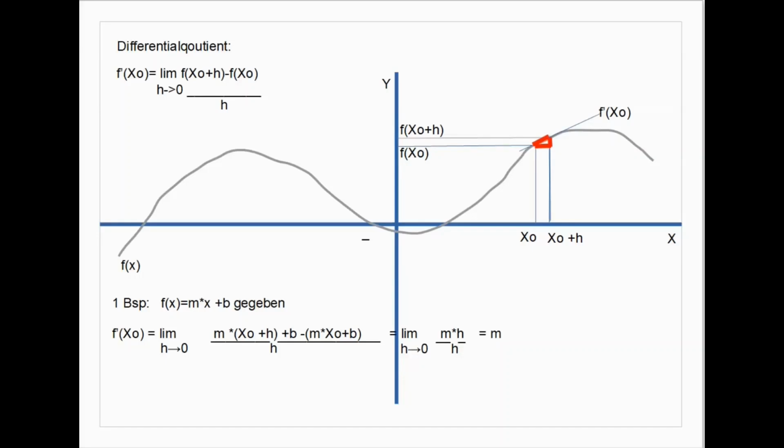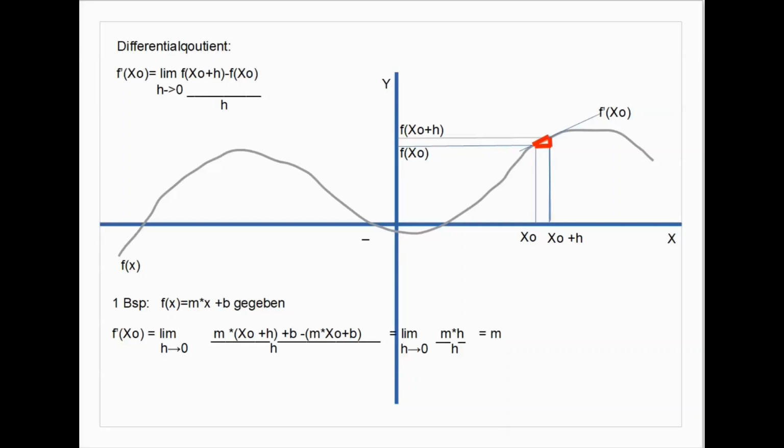The slope can then be written as follows: f of x0 plus h minus f of x0, which expresses the y difference, divided by x0 plus h minus x0, i.e. by h. The special thing is that the slope changes at every point on the curve, so you now allow h to become smaller and smaller.